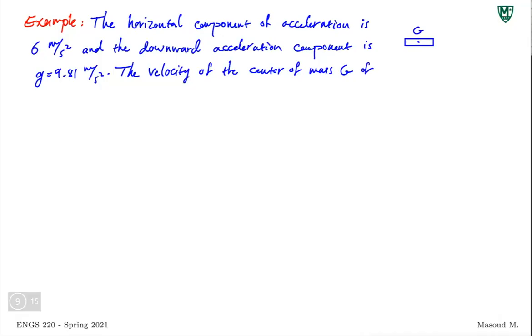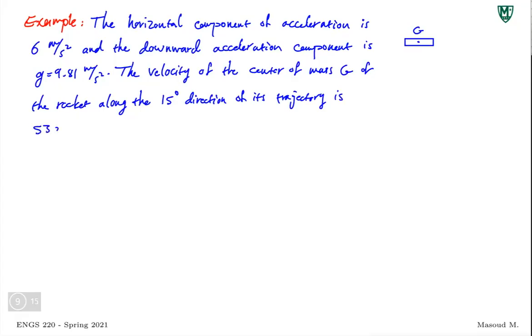Basically you can think about it as the velocity of the rocket along the 15 degrees direction of its trajectory, G trajectory, is 5,364 meter per second.